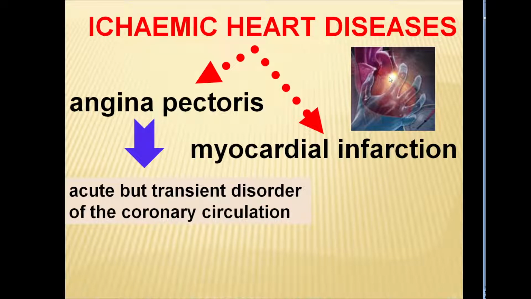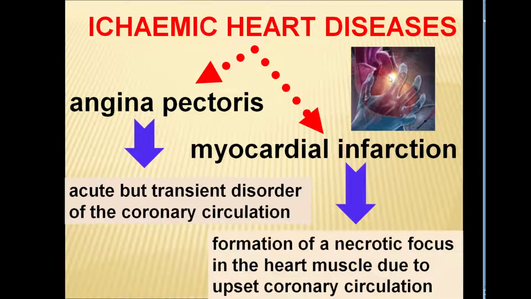But this process is slow because the disorder of coronary circulation is short and may be relieved with some medicines, about which we'll say later. Myocardial infarction is a grave pathology because the disordered coronary circulation is prolonged, and as a result there will be death of the heart muscle and formation of a necrotic focus.